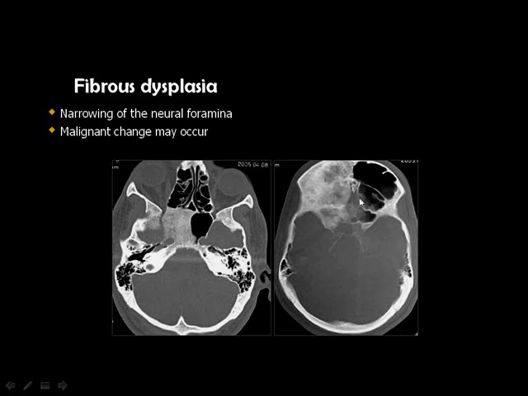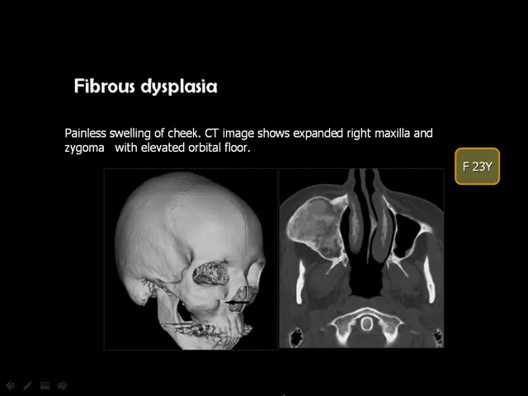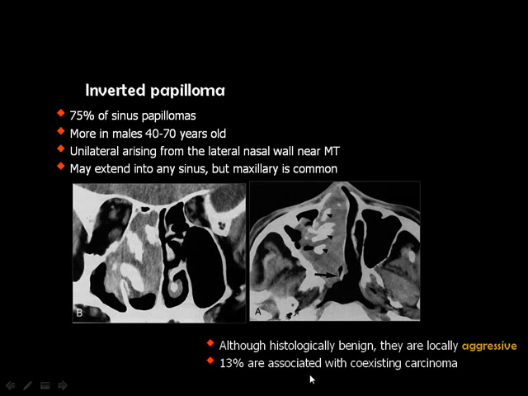Two different cases of fibrous dysplasia of the orbital roof and the wall of the sphenoid sinus, showing expansion and ground glass appearance. And this is a classic case of fibrous dysplasia affecting the region of the maxillary antrum, where you can see the ground glass appearance and expansion, which is evident in this 3D reconstructed image.